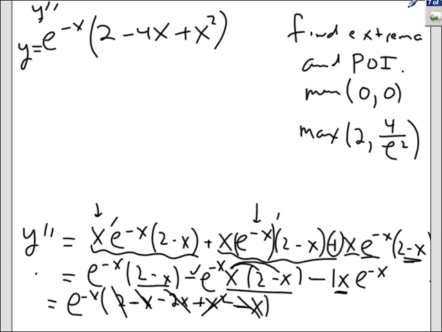Y double prime. Now the question is, can we factor plus x squared minus 4x plus 2? Can we factor that? Since it's a 1 in front, I'll ask myself, can I think of two numbers that multiply to 2 and add up to -4?